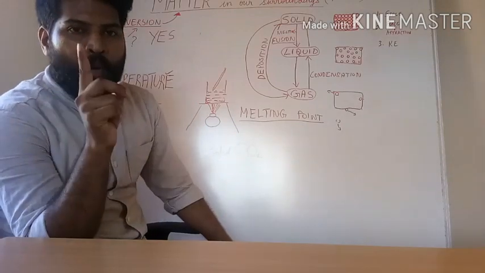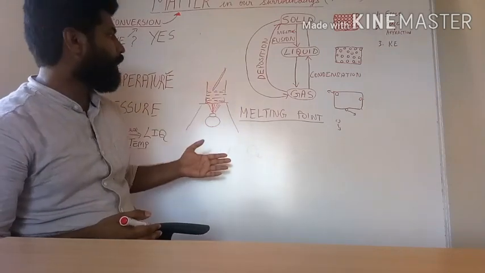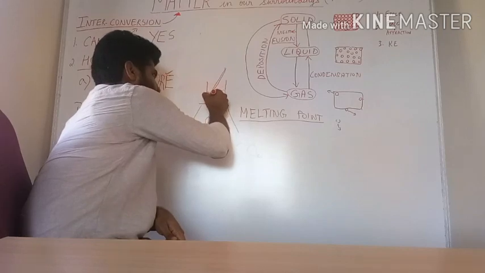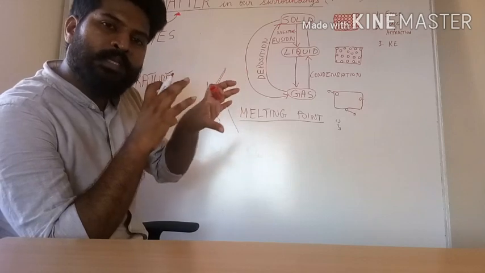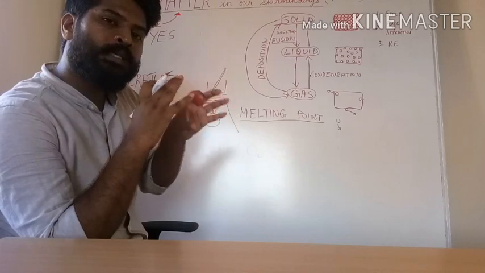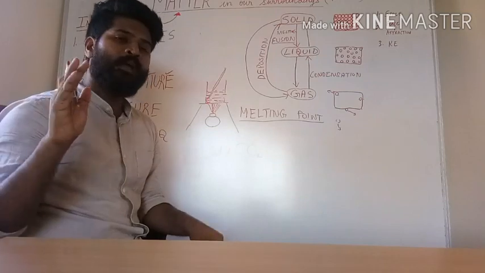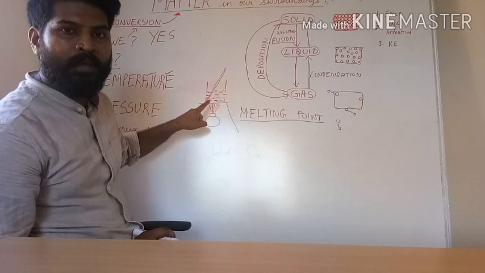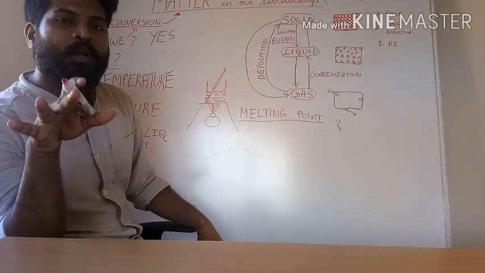Now one important point to observe here is, although we are not doing the practical demonstration over here, what we observe during conversion of matter: between the time when the ice starts to melt and the time when the ice completely melts, there is a particular duration, right? During this entire duration, if you observe the thermometer, the temperature does not increase at all, it does not change.